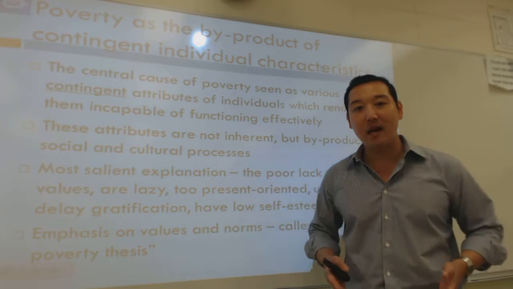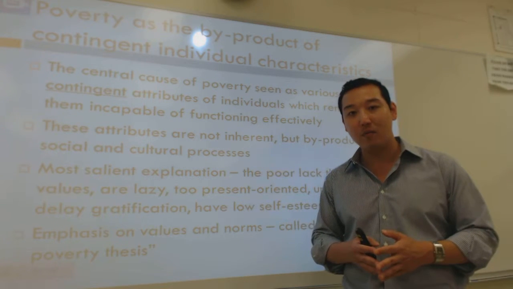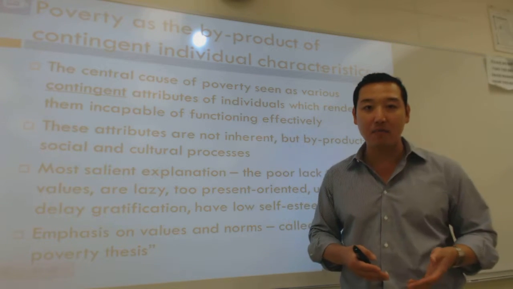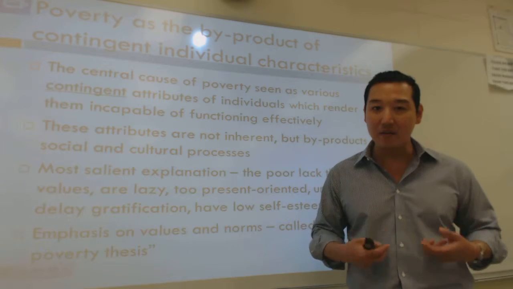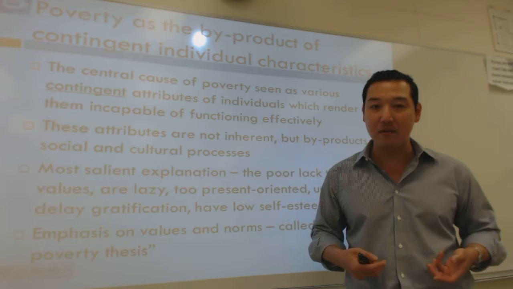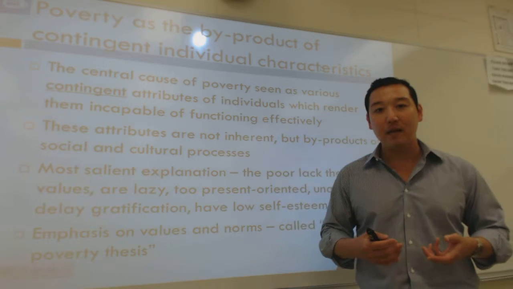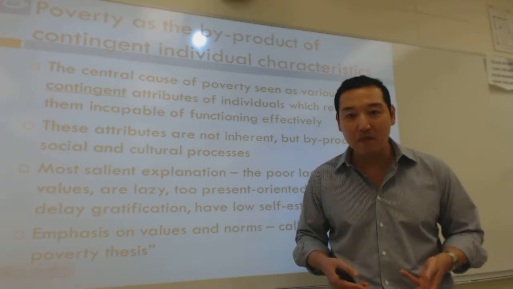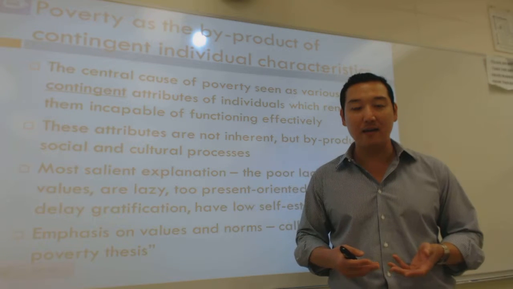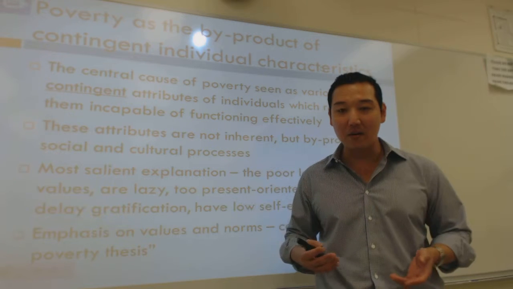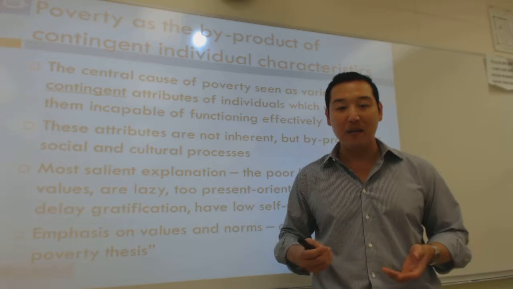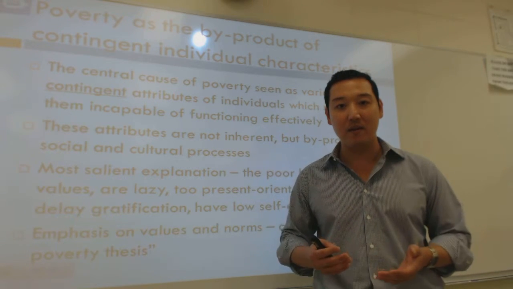We have a second line of explanations, and we're still at the individual level. This is saying that people are poor because of individual level factors, but not because of inherent characteristics like IQ or genetic differences, but because of the values and norms that the poor hold, right? That taken together, if you look at all the values and norms that characterize the poor in our society, it forms this sort of culture of poverty, in other words, right?